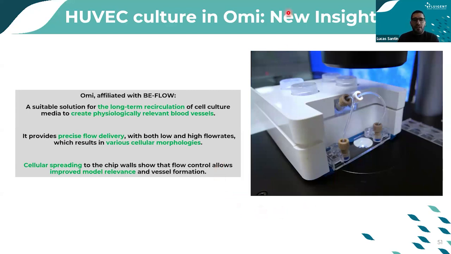And it can be seen by the fact that cells tend to elongate with the flow rate, and also that they start to spread all over the chip to form a real blood vessel. And also, we could see that the flow rate delivered with OMI is very stable and very precise, which allows us to really control our fluidic parameters in our experiments.